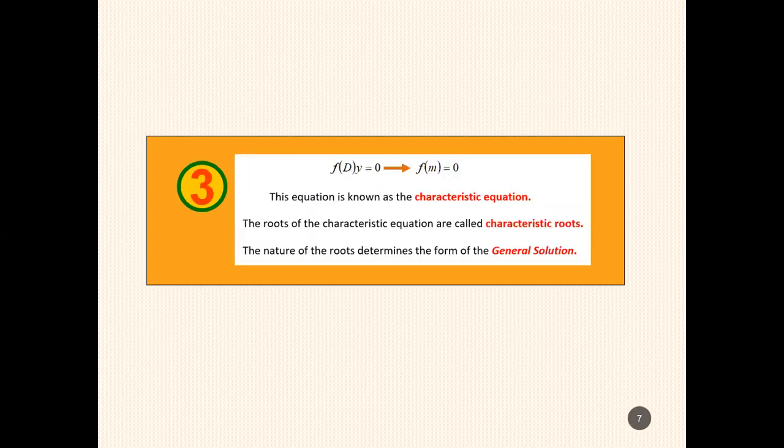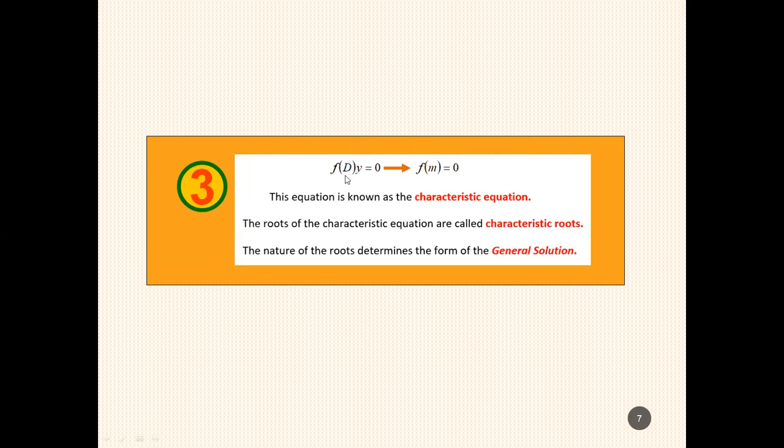But the next part here is very important. The function of d of y is equated to 0. And for this f of m, without the y, we change the d to m, and the function is equated to 0. This equation is known as the characteristic equation.